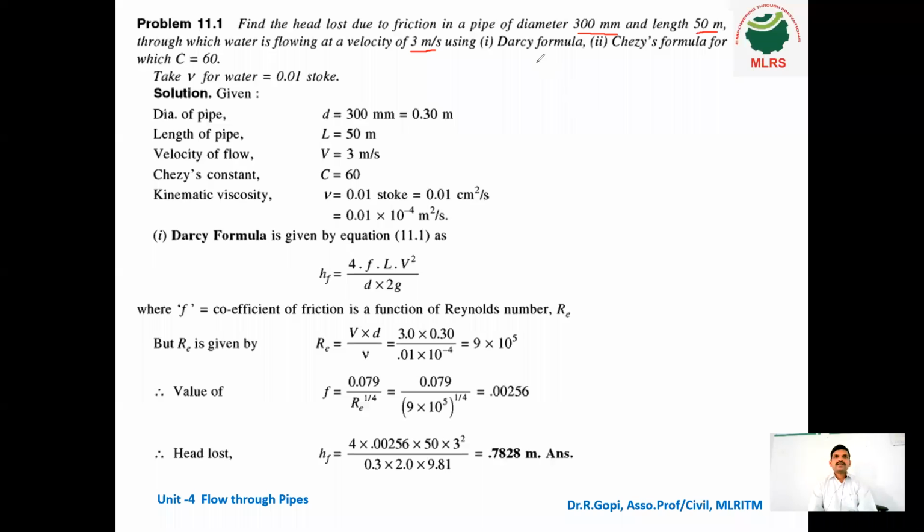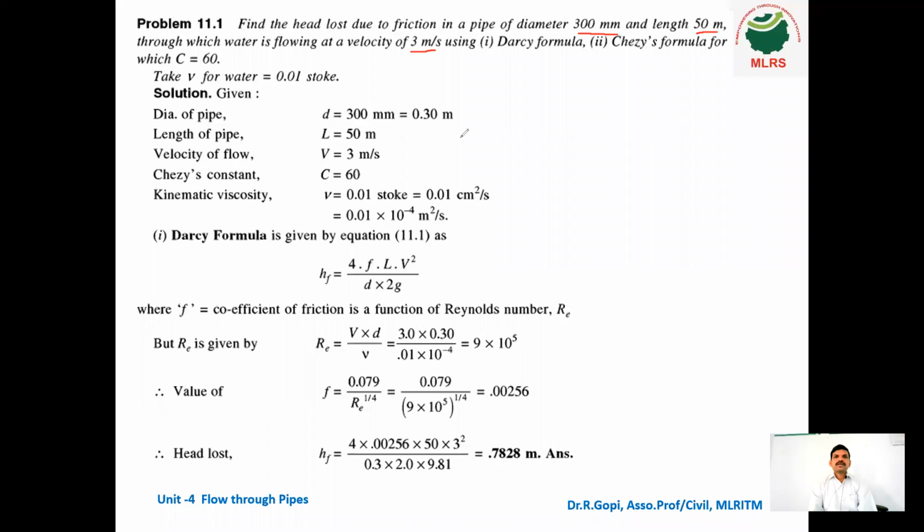So here we have to calculate from two conditions, one is Darcy's formula and another one is Chezy's formula. Take nu for water, that means kinematic viscosity, is 0.01 stoke.